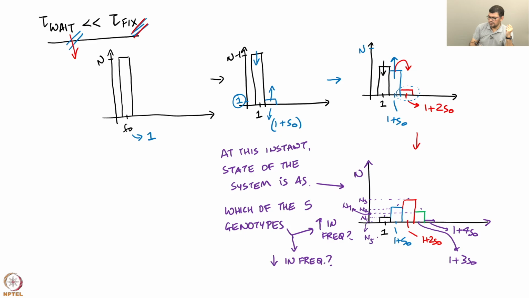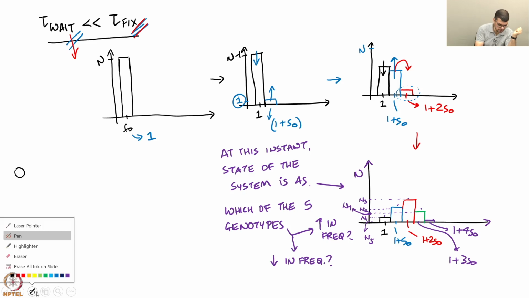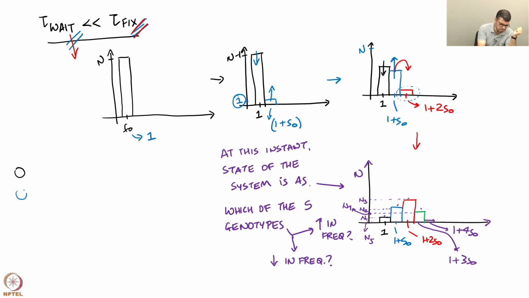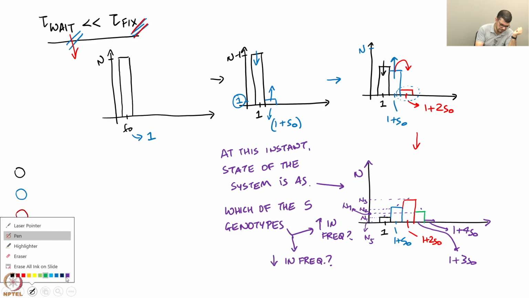So, we have the numbers associated with each one. We also know the fitness of each one. So, if we are talking about the first genotype, let me make all the 5 genotypes here. It is black, blue, red, green and purple.